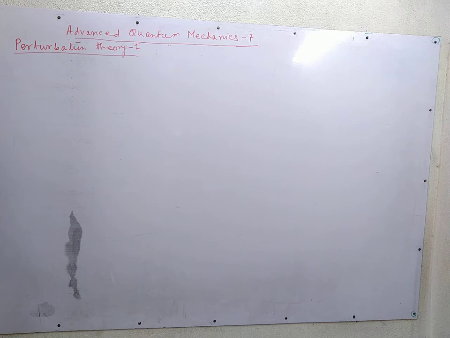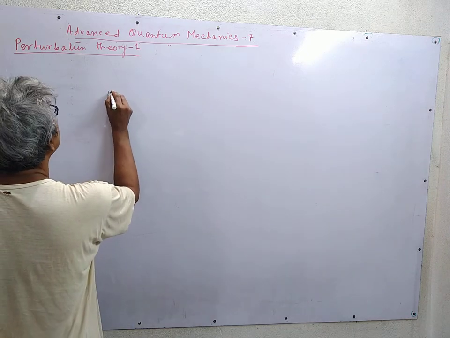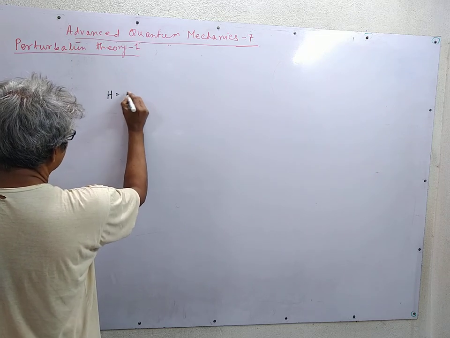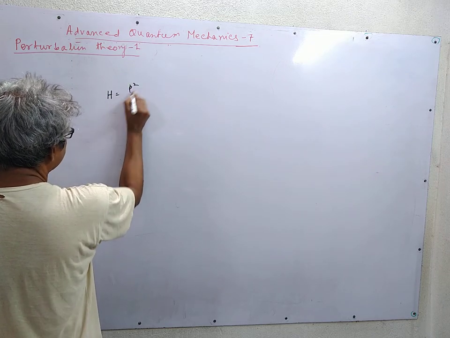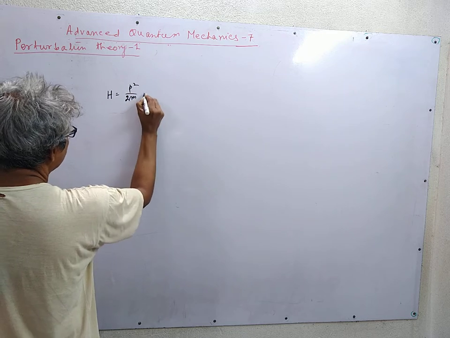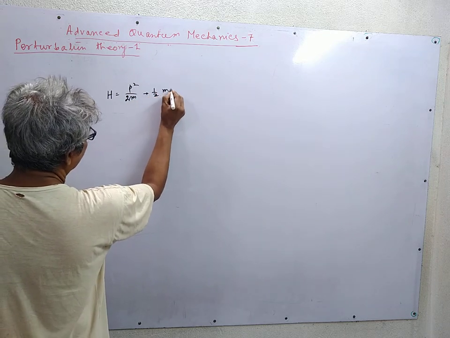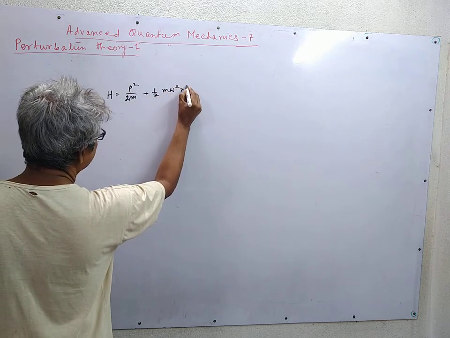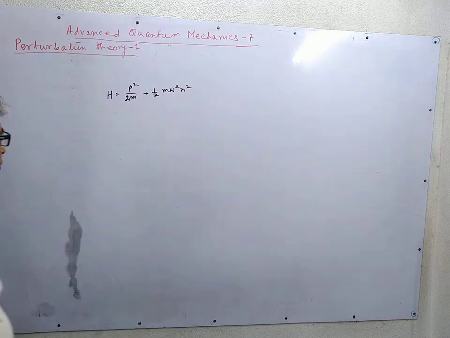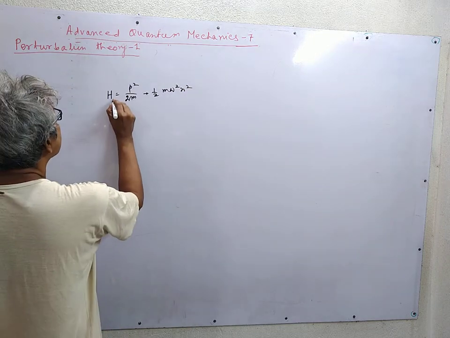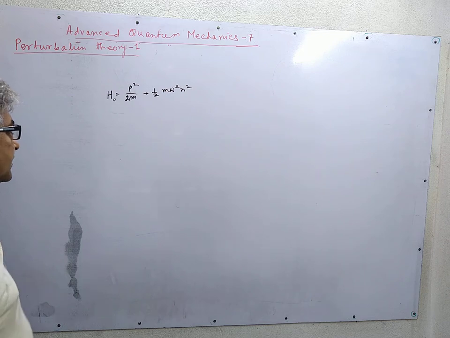Consider a system. For example, we are considering a harmonic oscillator system. The Hamiltonian is p operator square by twice m plus half m omega square x operator square, and we know the exact solution corresponding to this Hamiltonian.